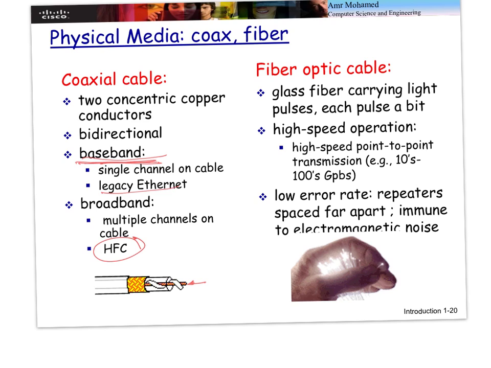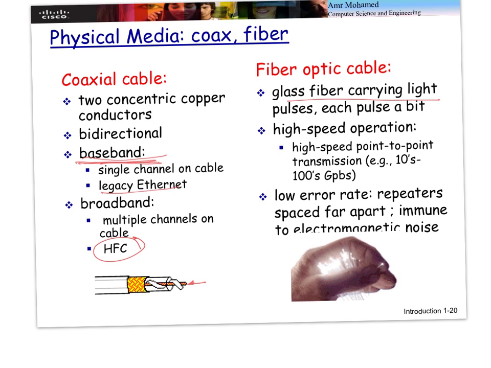Okay. Fiber optic cable, of course, is a glass fiber, which is another third example of guided media. But in this case, the signal, unlike in coaxial and copper where we talk about an electrical signal, is an optical signal.